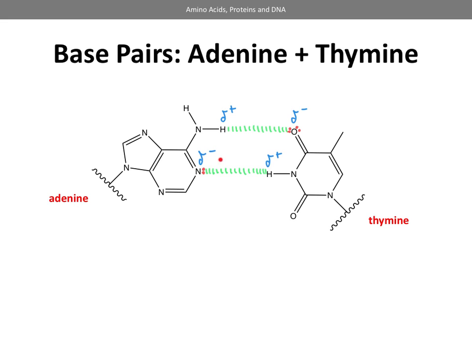So it isn't just a question of showing the interaction. It's also very important that you put the partial charges of the atoms involved, and it's also very, very important that you include the lone pairs, because the attraction is between the delta positive hydrogen and the lone pair on the oxygen or the nitrogen in this case. So that's adenine and thymine.